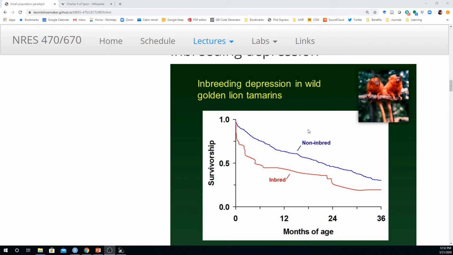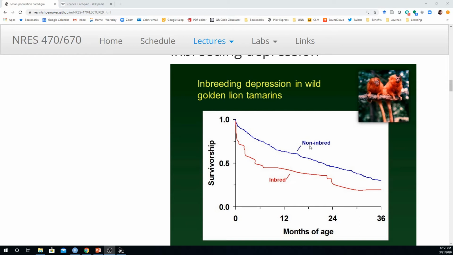So we're just following a cohort of wild golden lion tamarins over time. So we're looking at a survivorship curve essentially, where you see how the total percent surviving drops off over time. And we see that we have two different populations that we're looking at in this case.